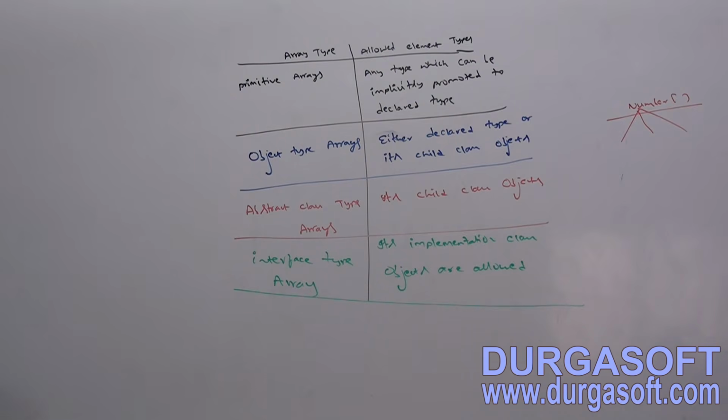Interface type arrays: its implementation class objects are allowed.